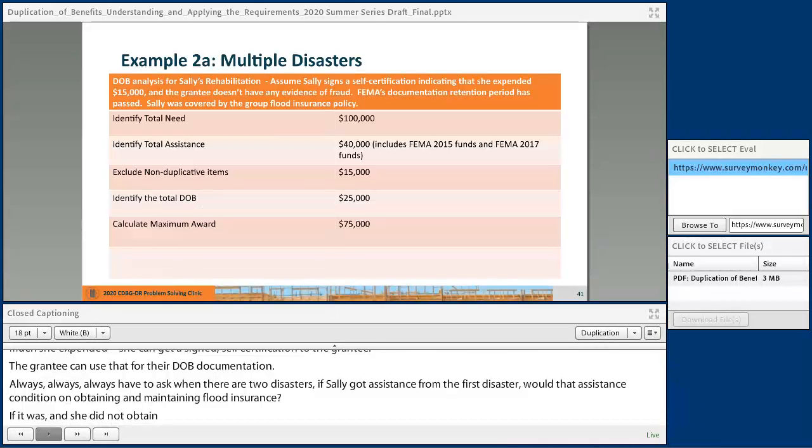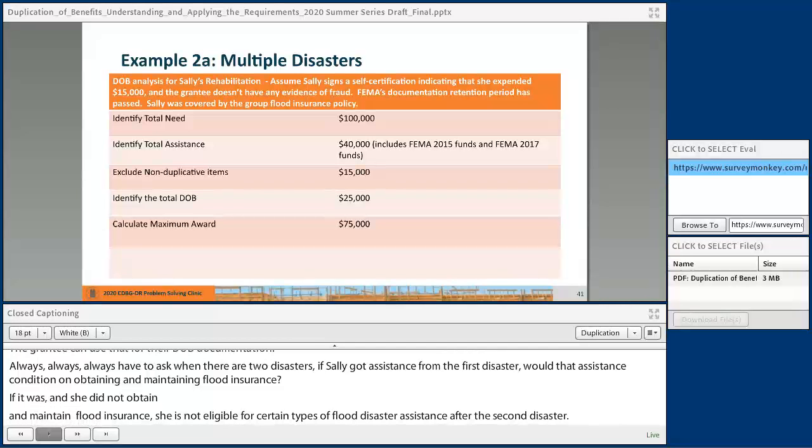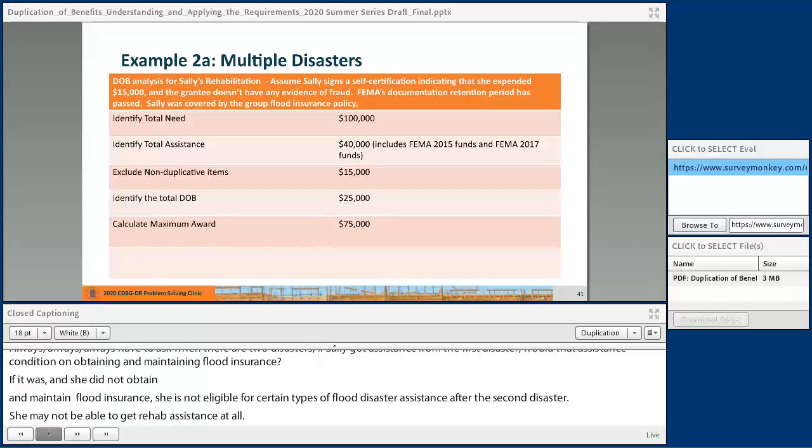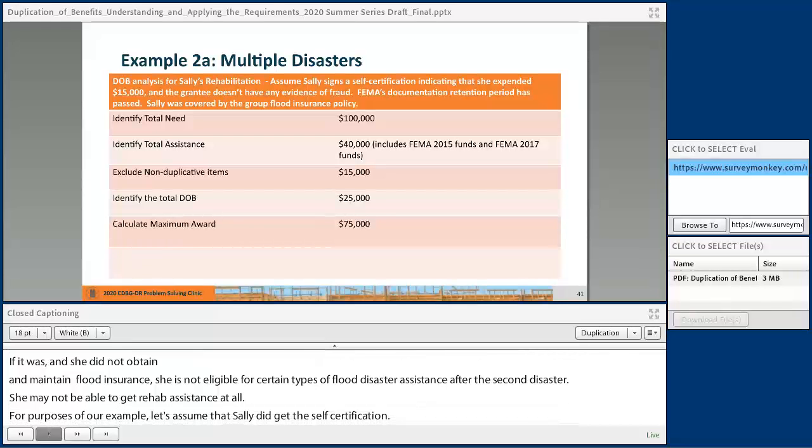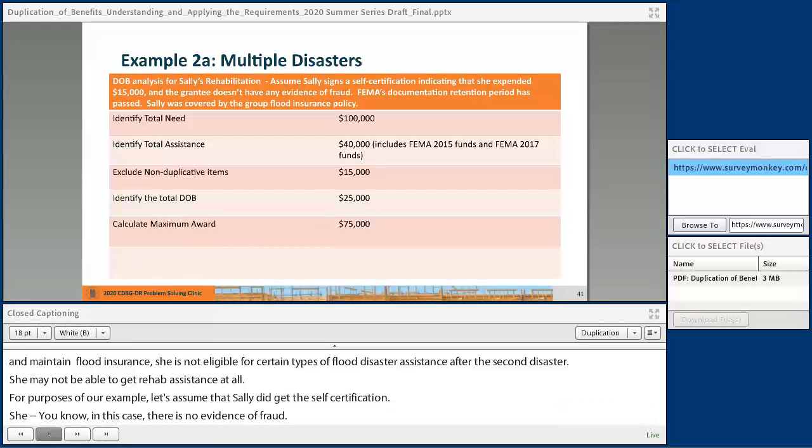But for purposes of our example, let's assume that Sally did get the signed self-certification, and in this case, there's no evidence of fraud, and Sally was covered by FEMA's group flood insurance policy. If FEMA's documentation retention period is passed, then that self-certification is great. The total need is $100,000. The total assistance is $40,000.